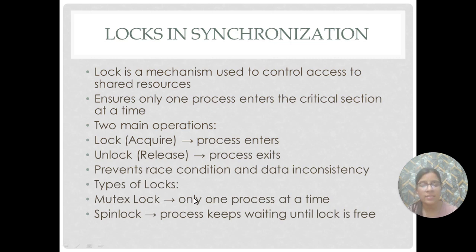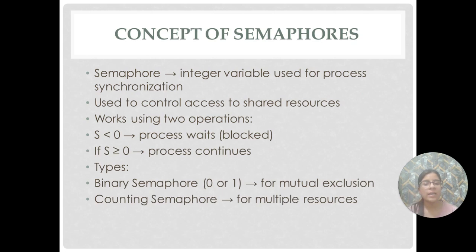There are different types of locks, which are mutex and spin lock. Mutex says that only one process can hold it at a time, and spin lock means the process keeps waiting until the lock is free. Now let us understand the next technique, which is semaphores.